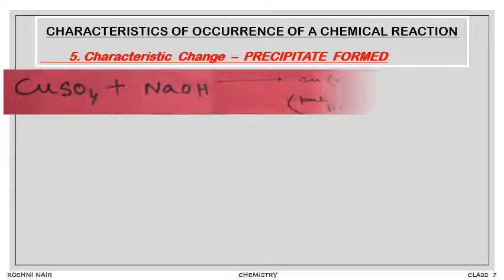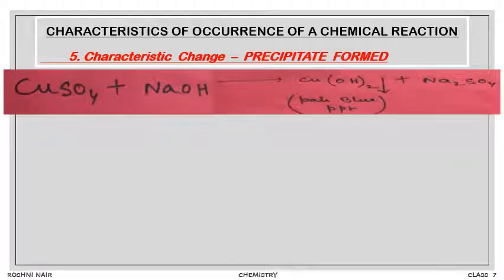One more I will show you, precipitate formation, that is copper sulfate CuSO4 when it reacts with sodium hydroxide NaOH. What is the product formed? Na2SO4, and the precipitate formed is copper hydroxide, Cu(OH)2.